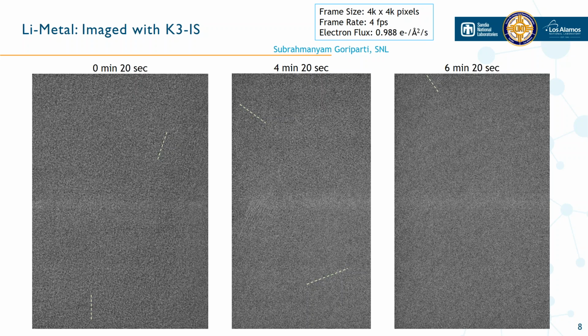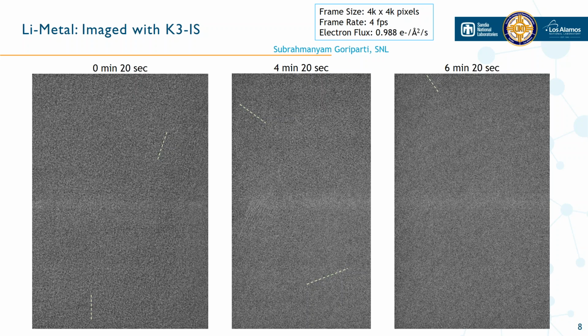The one thing I'll say about the K3 camera is, you're collecting over 4K by 4K pixels in the images, and so you need a really high resolution monitor to see some of the details in these images. That's why I added some lines here. But this is just showing that I was acquiring a movie for about the same time as what you saw in the last slide, and we're still able to retain that lattice information during the movie.